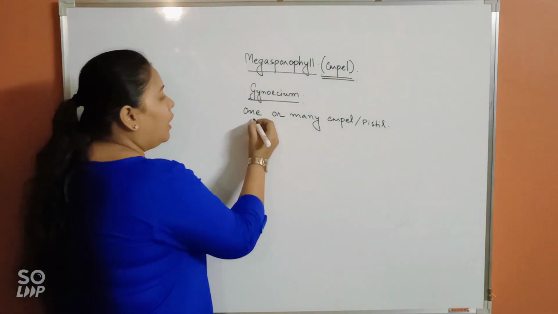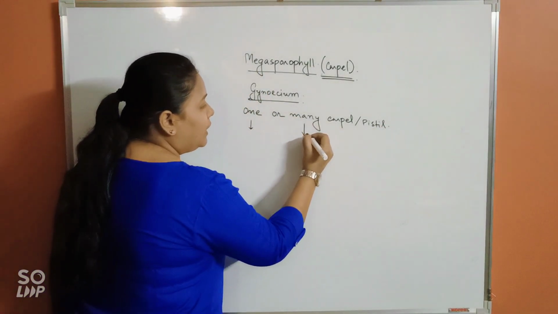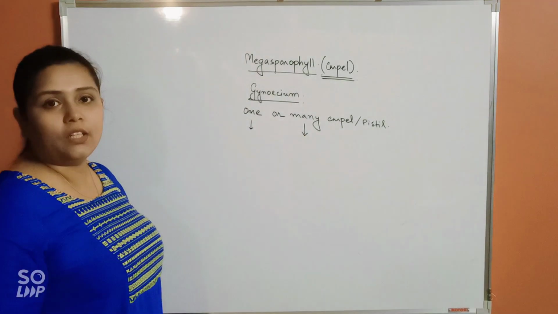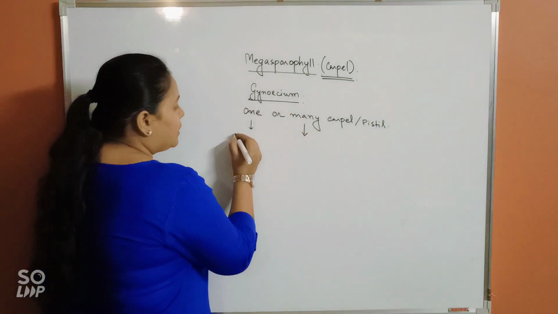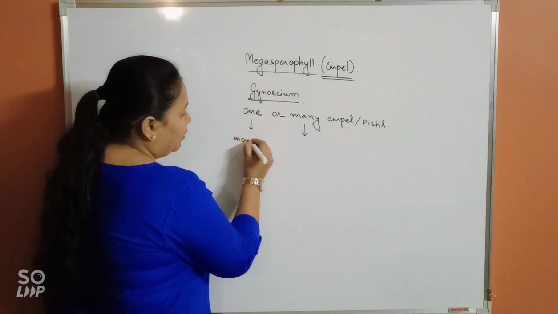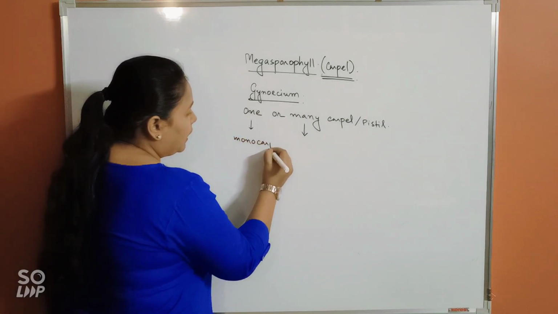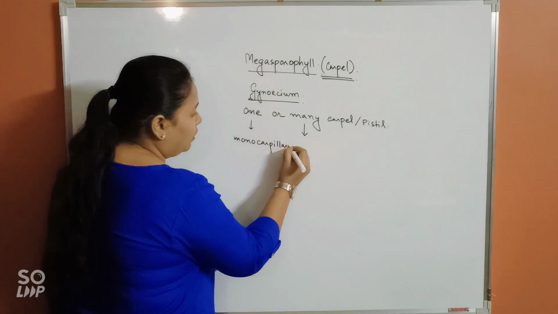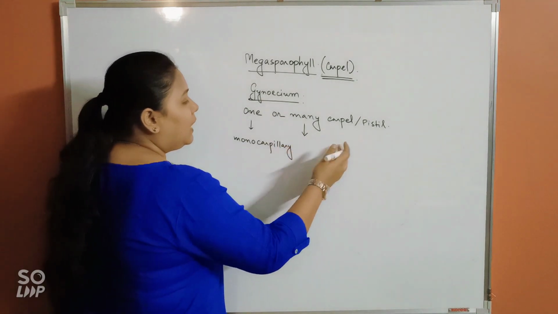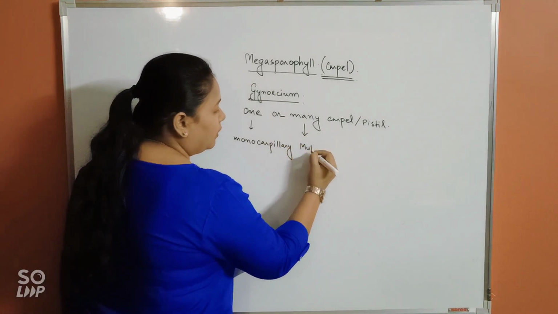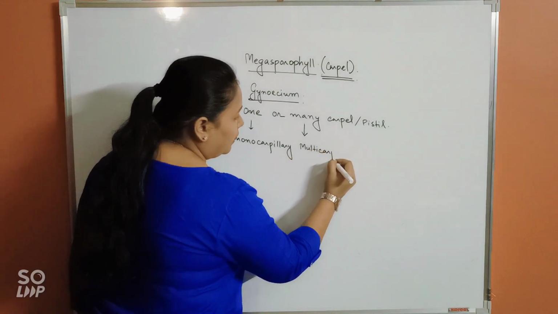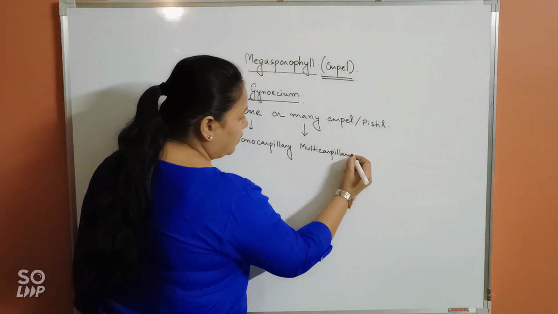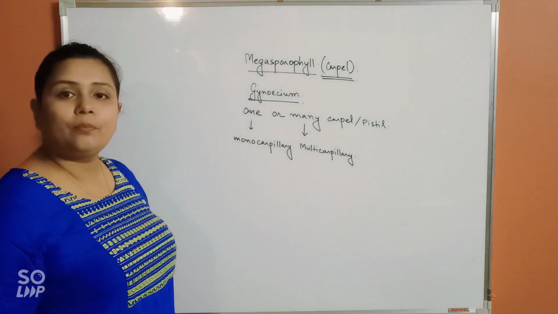That's why there are two conditions that might arise from here, which you have also learned in the morphology chapter. One carpel means monocarpellary condition, whereas many carpel will mean multicarpellary condition.